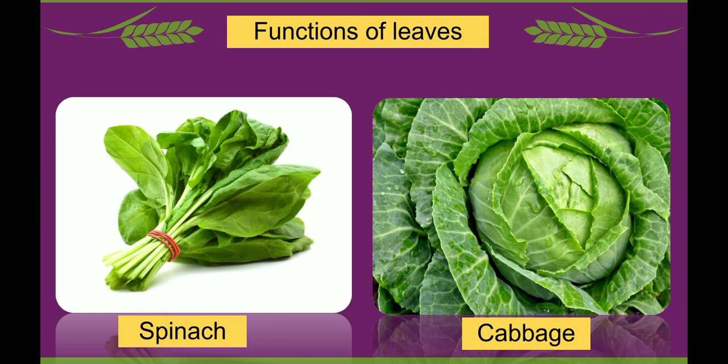Some plants store food in the stem and we eat those stems, like sugar cane. Examples of leaves we eat are spinach, cabbage, mint, coriander, etc.